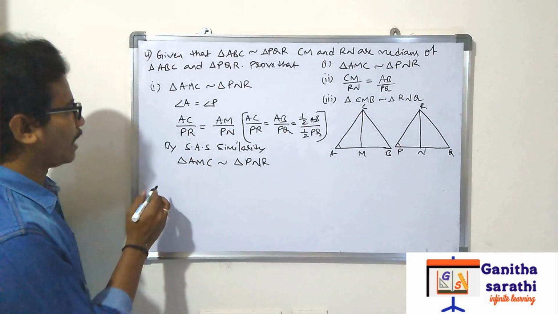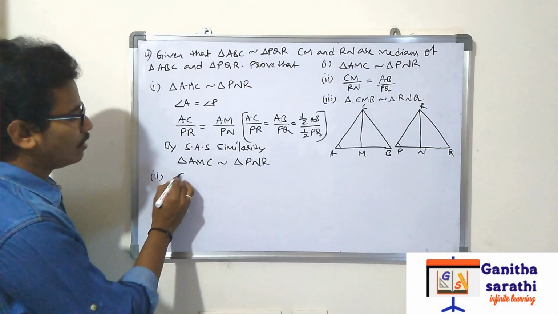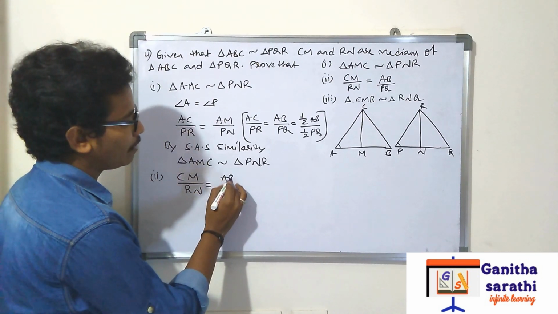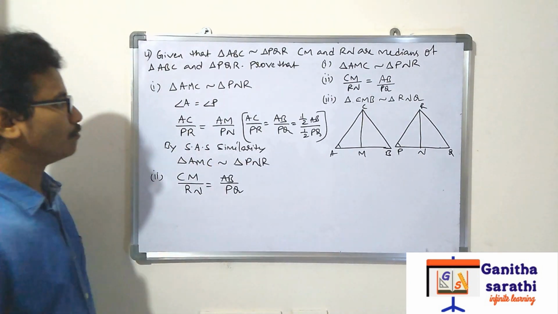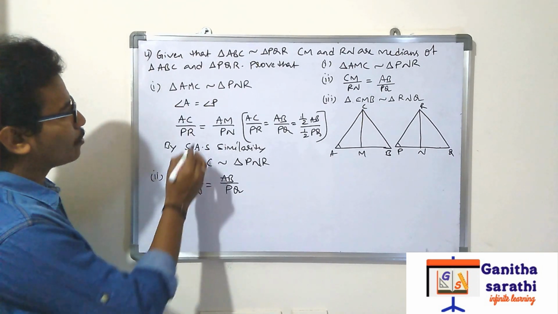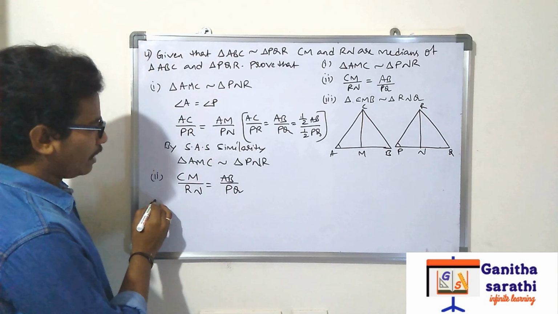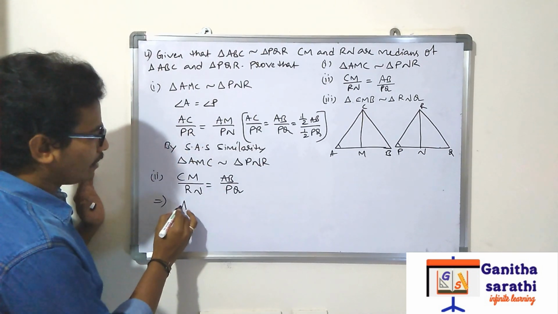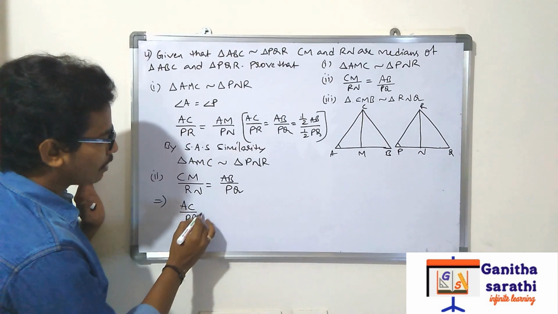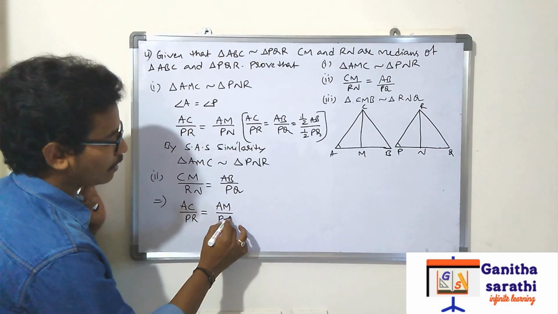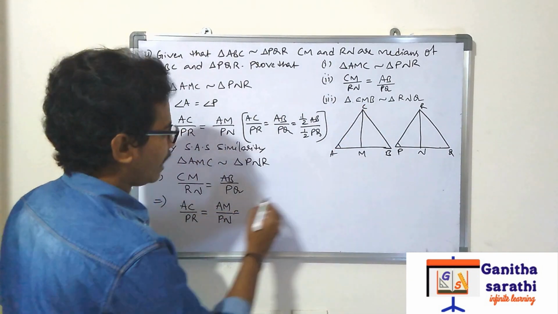Now move on to the second one. See the second one: CM by RN is equal to AB by PQ. Now see, in the first proof we have already proved that AMC and PNR are similar, right? What are the conditions? You know, AC by PR is equal to AM by PN is equal to CM by RN.